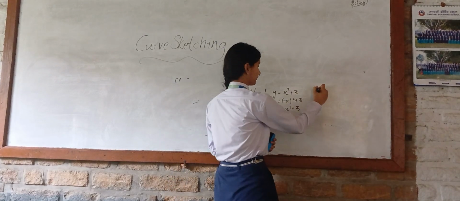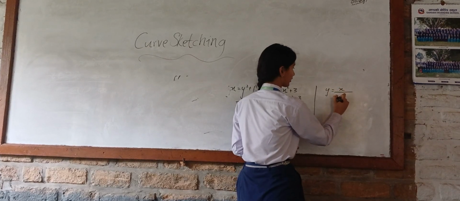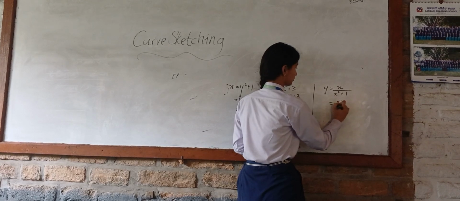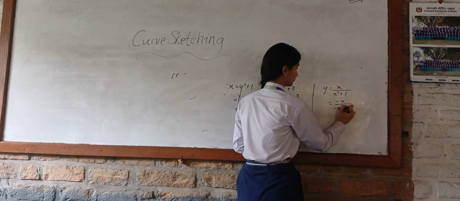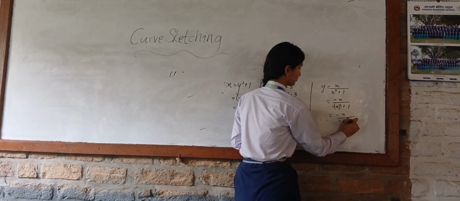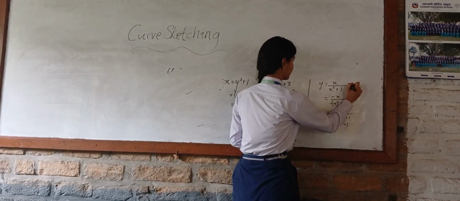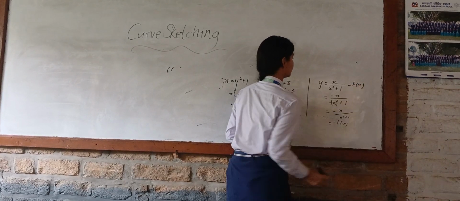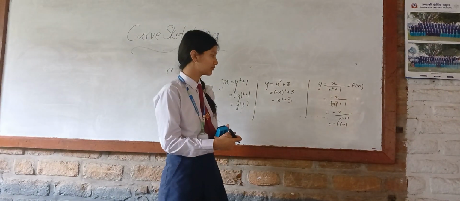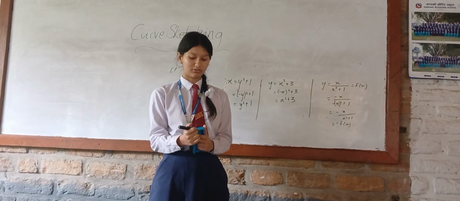For example, now f(-x) equals -f(x). So if this condition is met, then we can say that this curve is symmetrical about the origin.